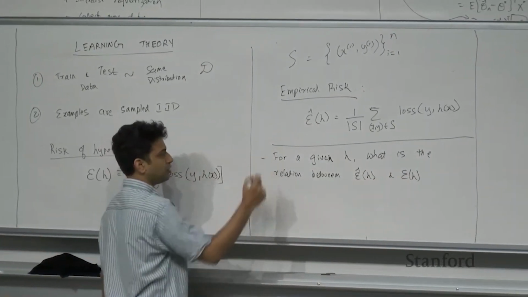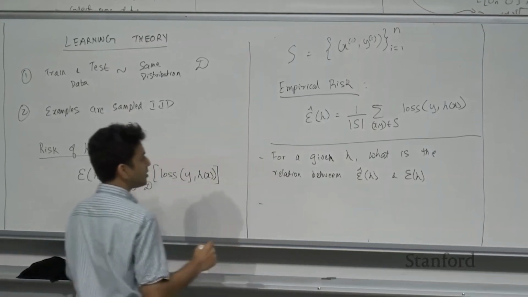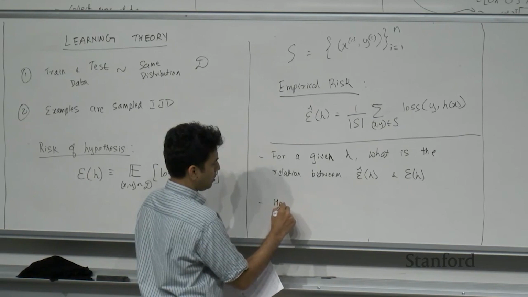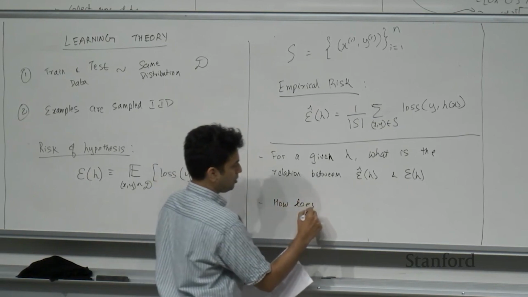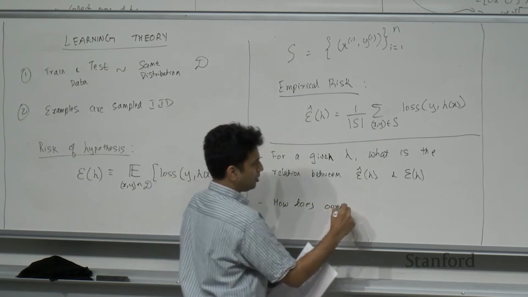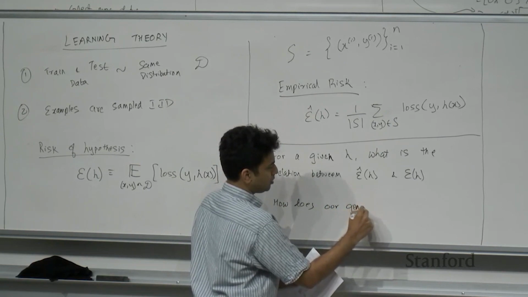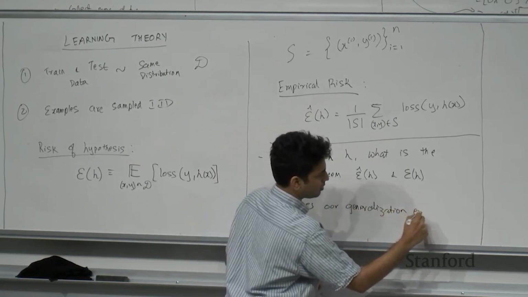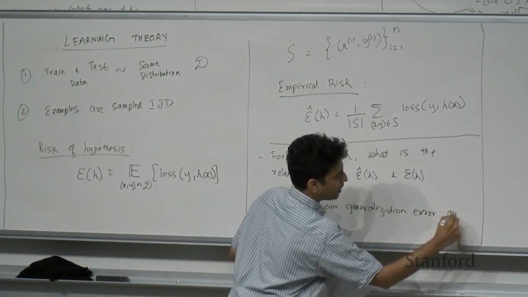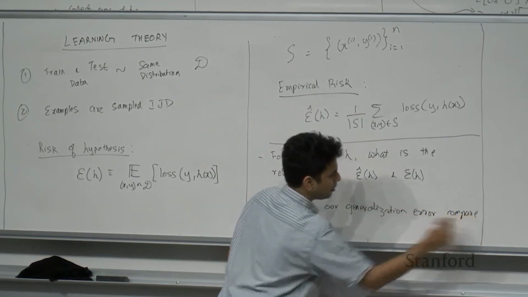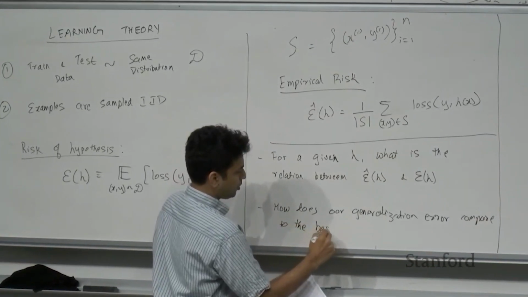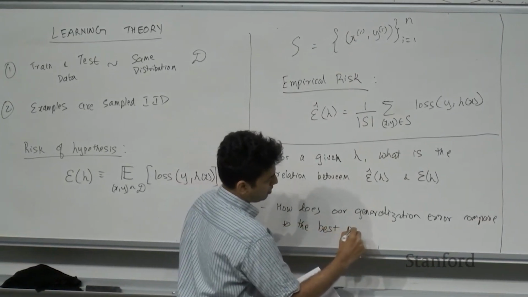That's an interesting question. And the other question is, how does our generalization error compare to the best possible generalization error?